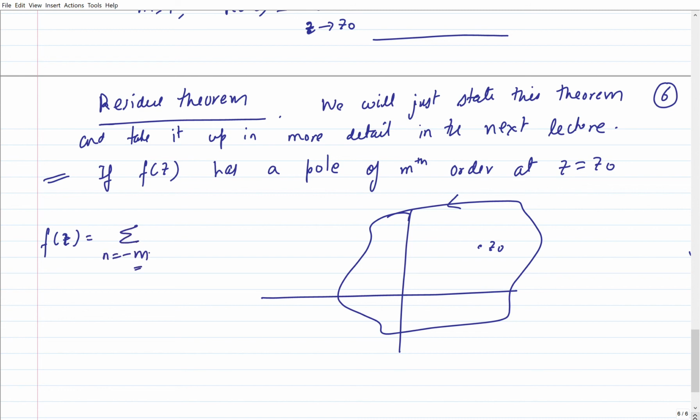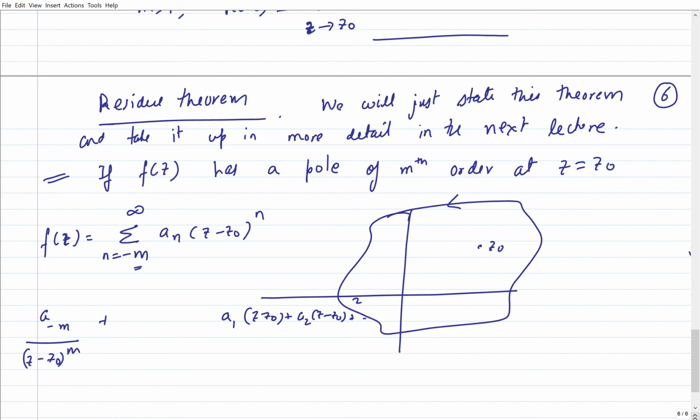Minus m would be the extreme term of the Laurent series, so it would start with the a minus m term and then have all the other terms, including the positive terms, and so on and so forth. That's my Laurent series.